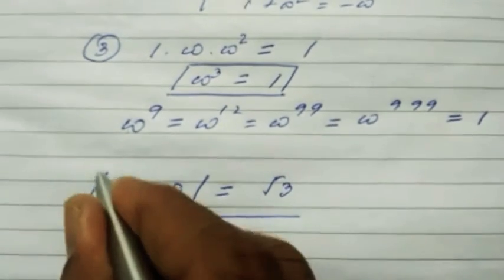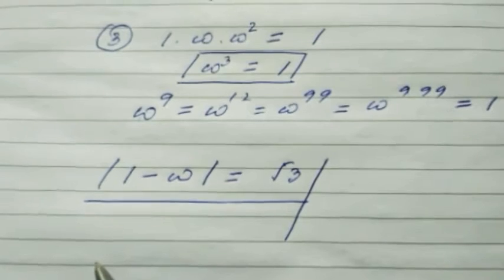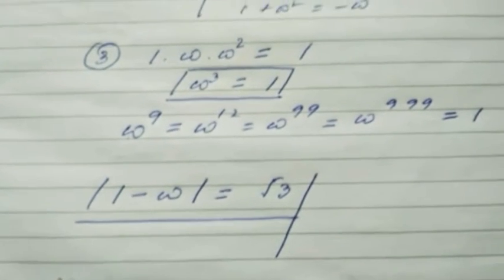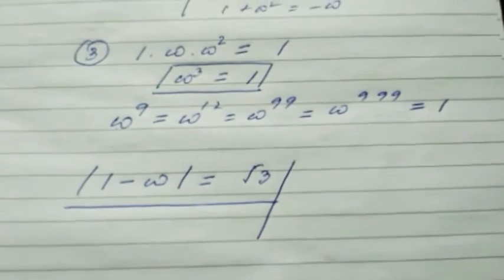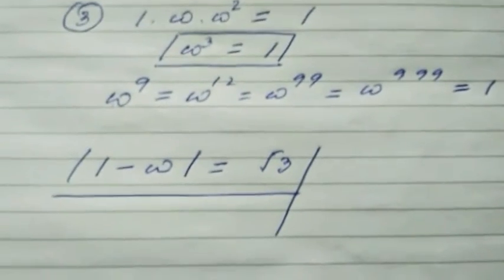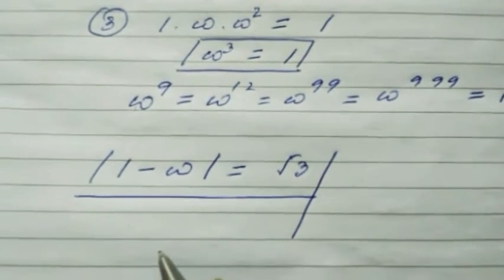In the same way we can find the other sides. So all three sides are equal. If all three sides of the triangle framed by the cube roots of unity are equal, then we can say that the cube roots of unity are always the vertices of an equilateral triangle.